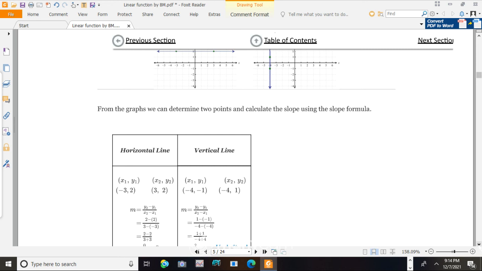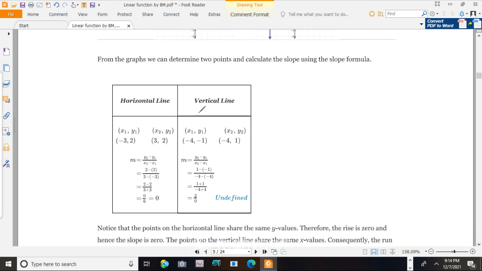If you take, for example, a horizontal line, y2 and y1 are the same, so the slope is 0.